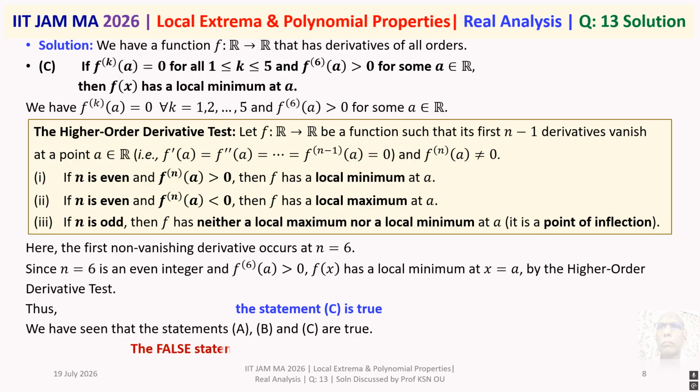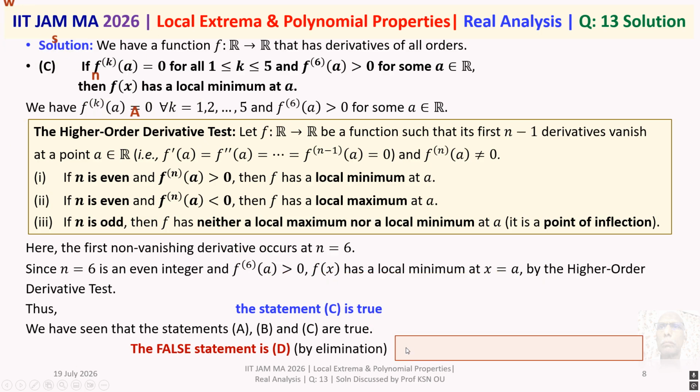So, by elimination, the false statement is D. You can stop here, you need not go further, and therefore, the answer to this question is that the false statement is D. That is the detailed discussion of this question. In the next slide, I will show you how the option D is false.